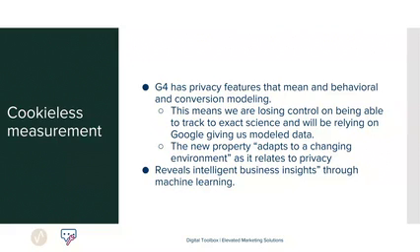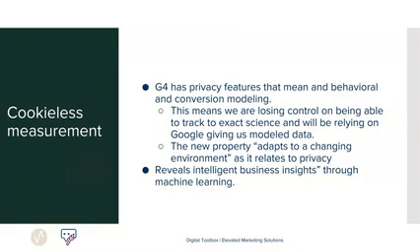It's no longer going to be as much of an exact science, and G4 data is going to rely on modeled data. The problem with that is some of you might not have a whole lot of data or traffic, so it's going to be less valuable information.